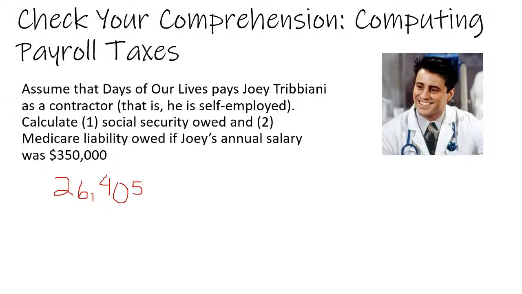To figure out what Joey's self-employment tax deduction would be, we need to multiply this number by 1/2, which would give us $13,202 for a deduction.